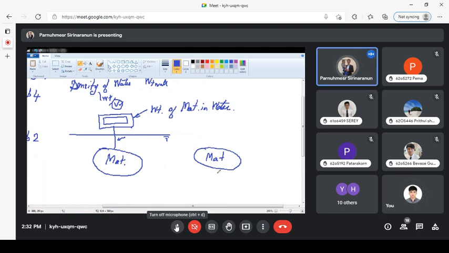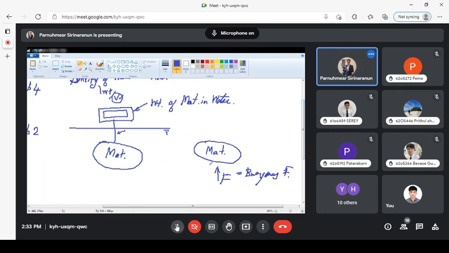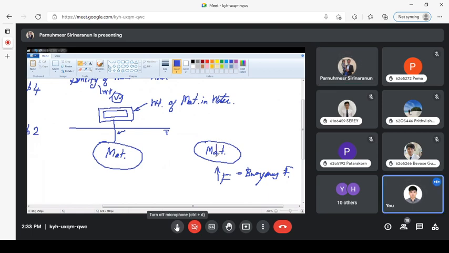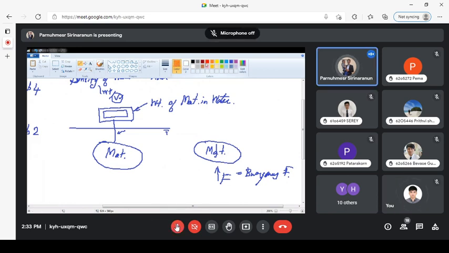Yes, the buoyancy force. Okay, this is the buoyancy force. Next, in the free body of this material, you draw the buoyancy force. Next, the weight of material.